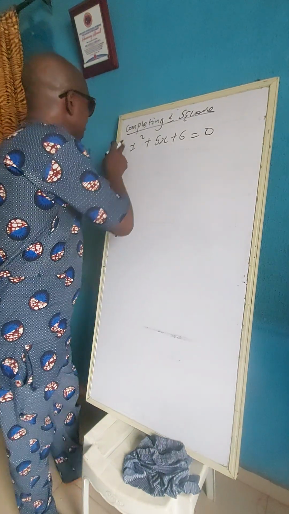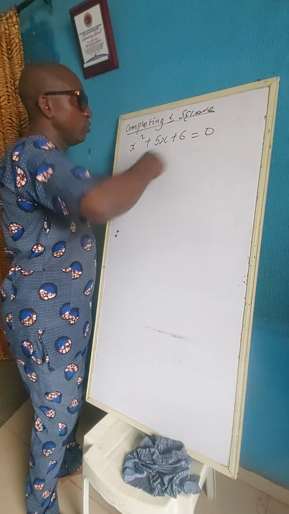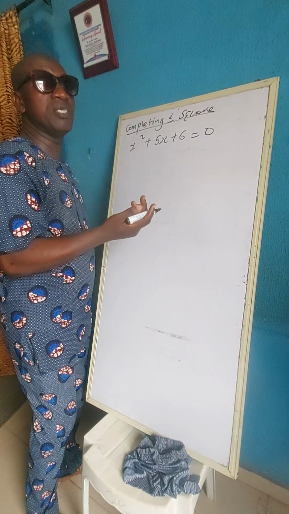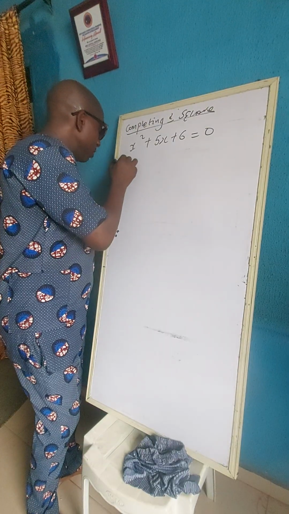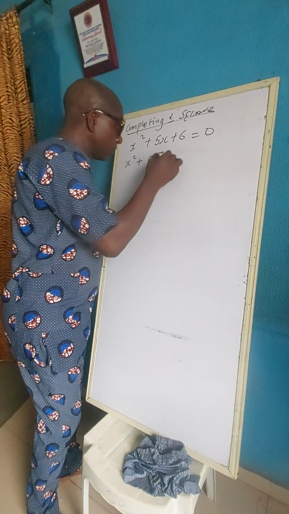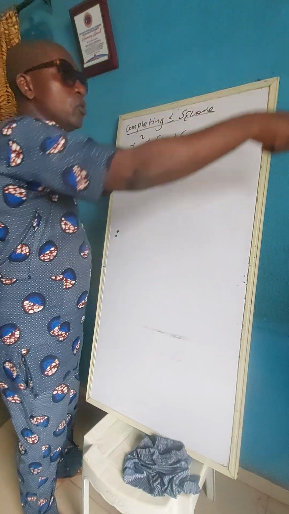Do you have any coefficient here? 1. Assuming we have any coefficient here, we use it to divide throughout. But since it's 1, continue to the next step. Second step, let 6 go to that side. It becomes x squared plus 5x equal to minus 6.